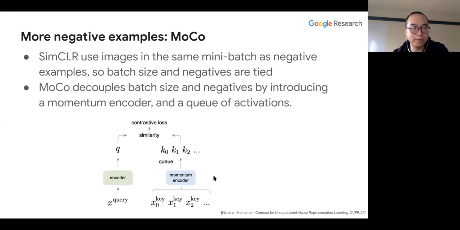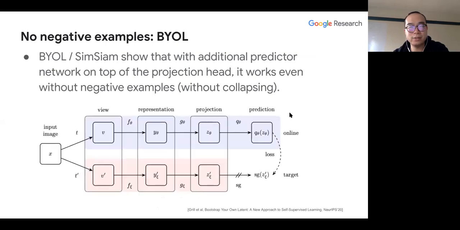I'm not going to go into detail, but the issue they try to tackle is how do you get a larger number of negatives when you have a smaller batch size? And they achieve this by using a momentum encoder and a queue of activations.